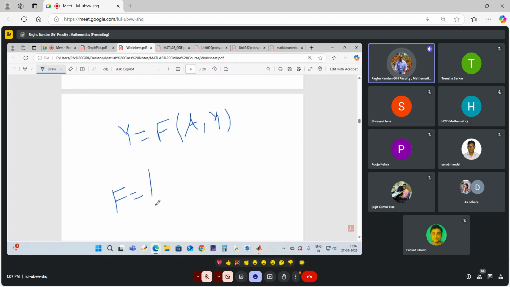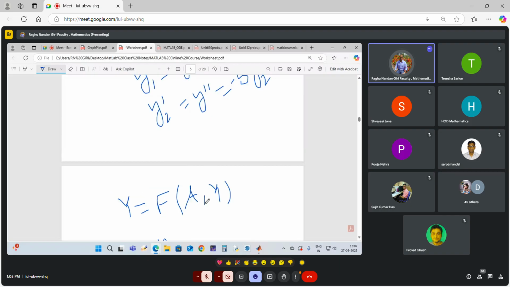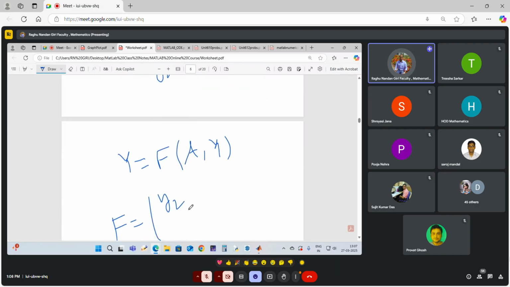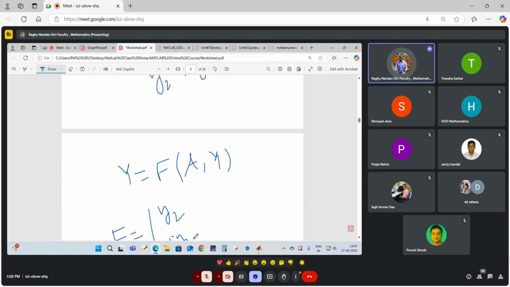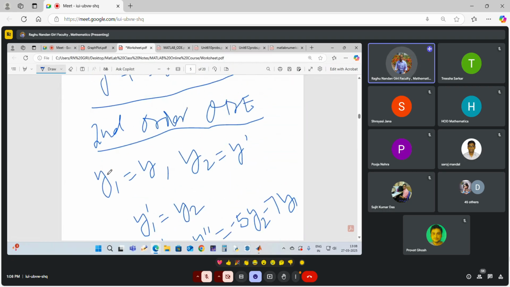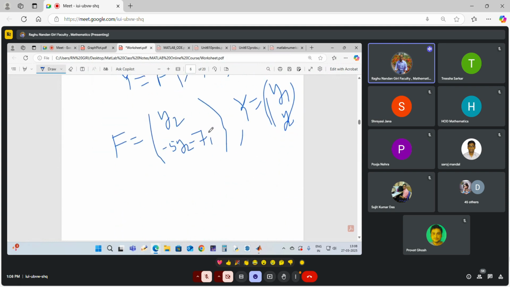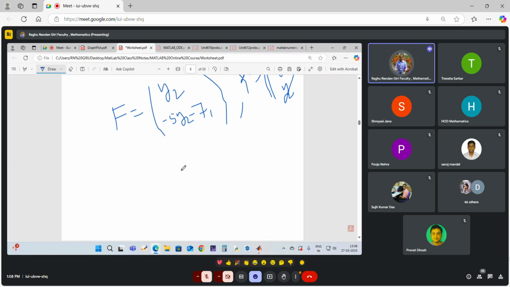Here F equals the vector with components y2 and minus 5y2 minus 7y1, and y is a vector with components y1 and y2. So in this way we can convert multi order ODE into a simultaneous first order ODE.